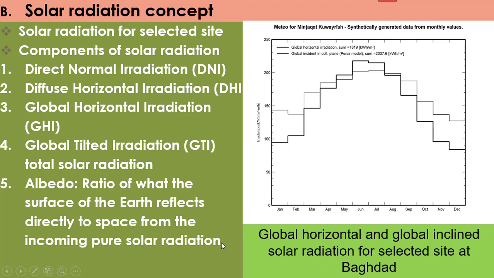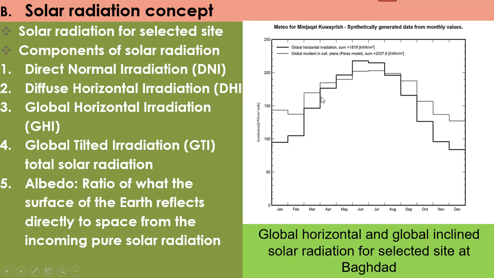Albedo is the ratio of what the surface reflects directly to space from the incoming solar radiation on the ground. As we see in this diagram, this represents the global horizontal and global inclined solar radiation for the selected site at Baghdad.